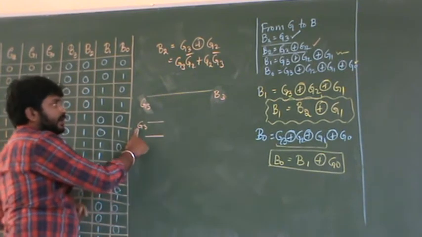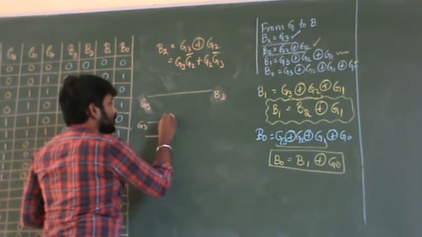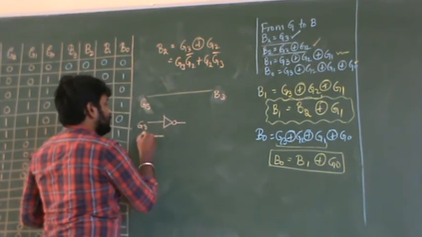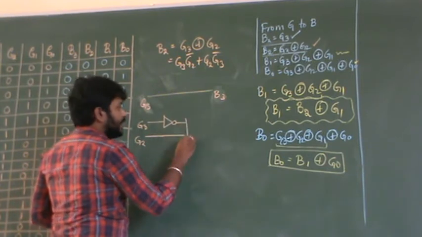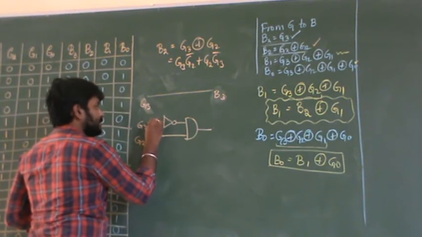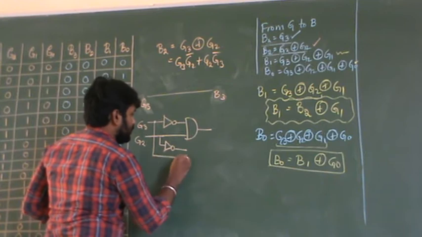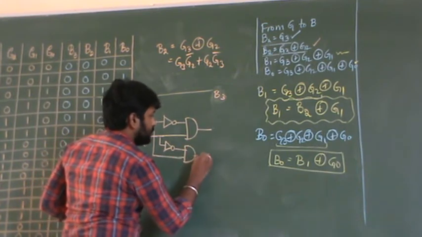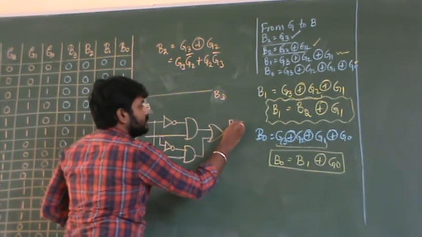So G3 G2 bar and G2 G3 bar, using AND gates, and here you have to use one more OR gate. This is D2.